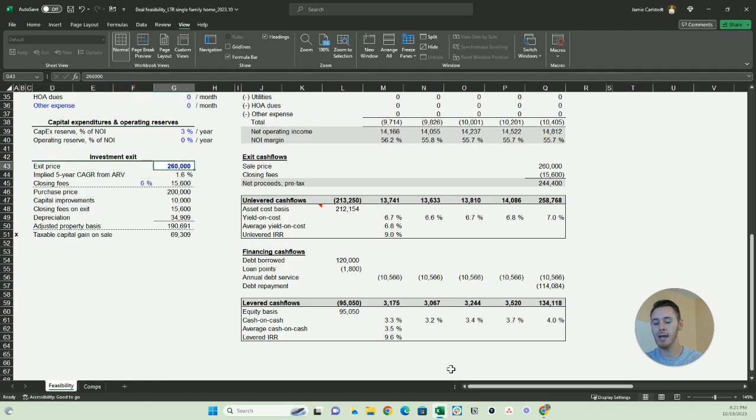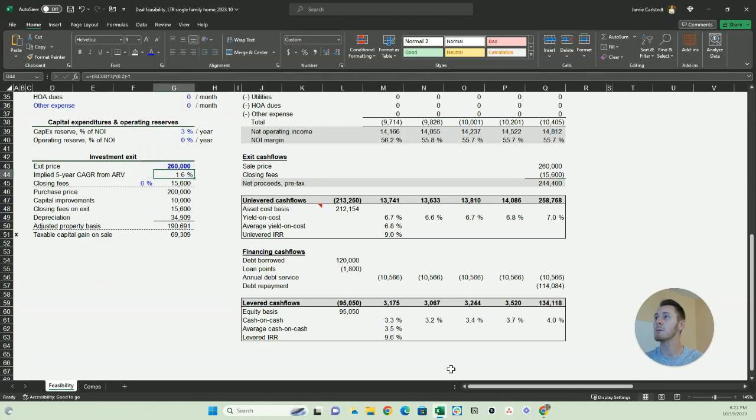So the reason I care about that number is because I want to know what this exit price is implying as an annual growth rate in the property value. If you've got someone who's baking in a 30% or 10% or 15% year-over-year growth in the property value from their after repair value, that's just unrealistic most of the time, unless you found some treasure trove market.